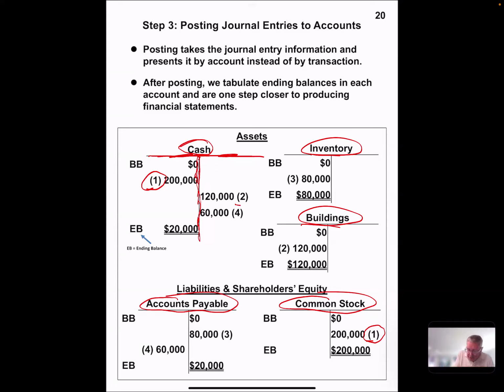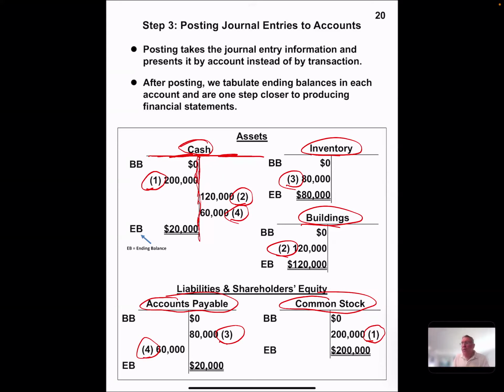Here's journal entry 2, where we bought the building, right? Here's journal entry 3, where we bought the cars. And journal entry 4 is where we paid off part of our accounts payable. So there's the 4 journal entries.